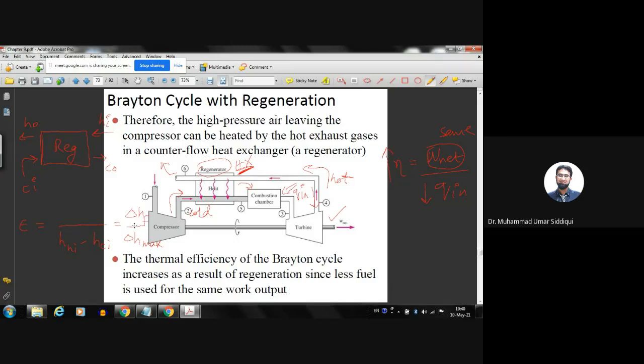If we consider the cold stream, it should be H cold out minus H cold in. If we consider the hot stream, then it should be H hot in minus H hot out.